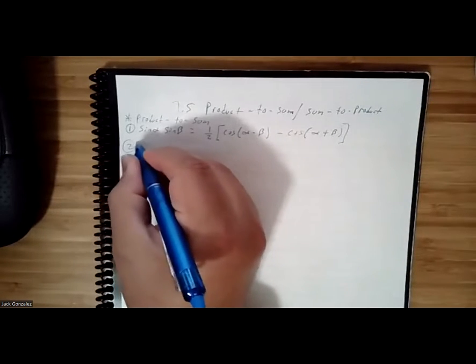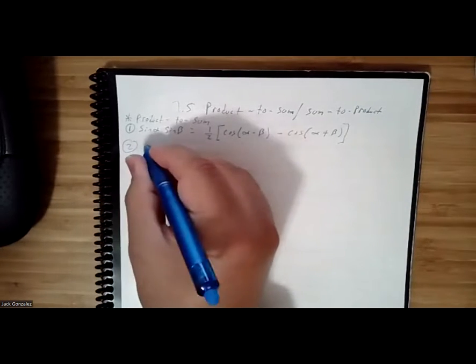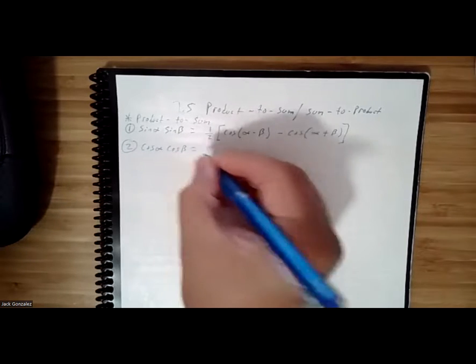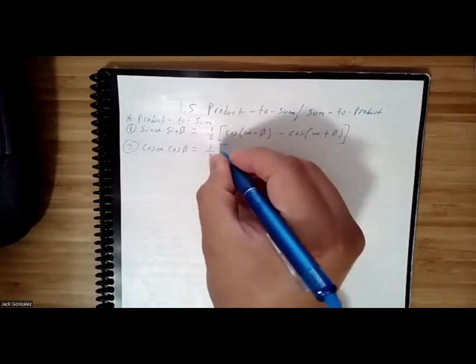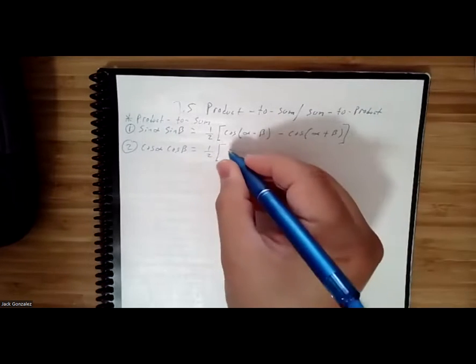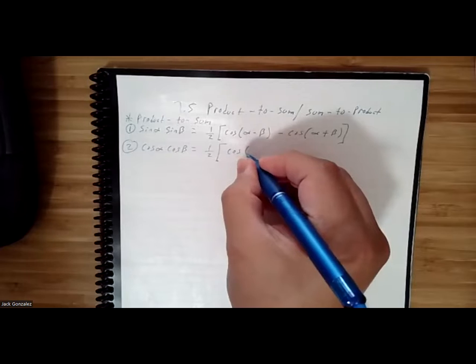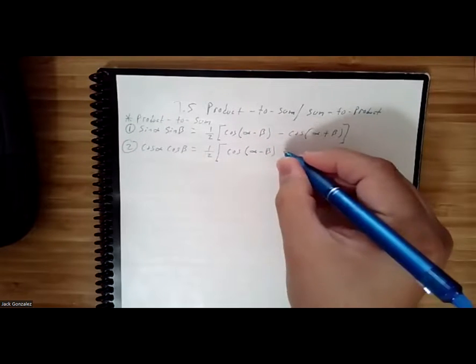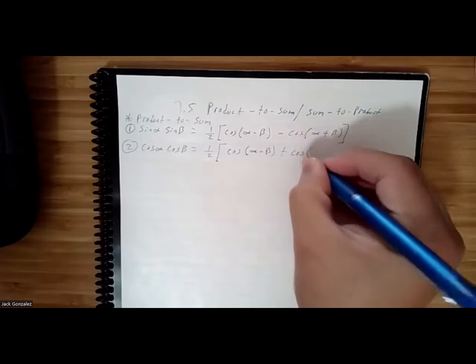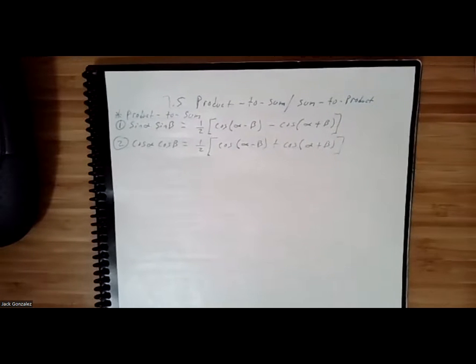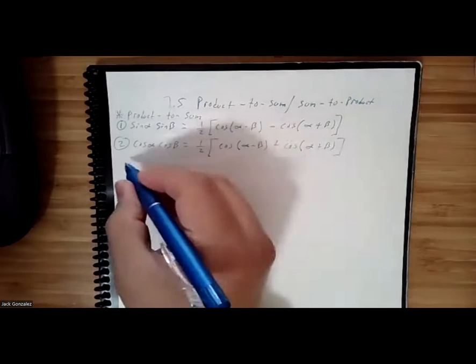Number 2, cosine alpha times cosine beta. That'll be 1/2 times cosine alpha minus beta plus cosine alpha plus beta.